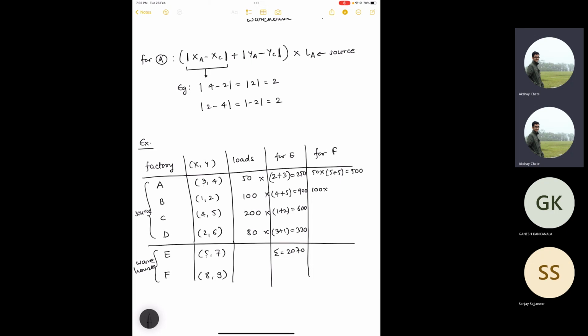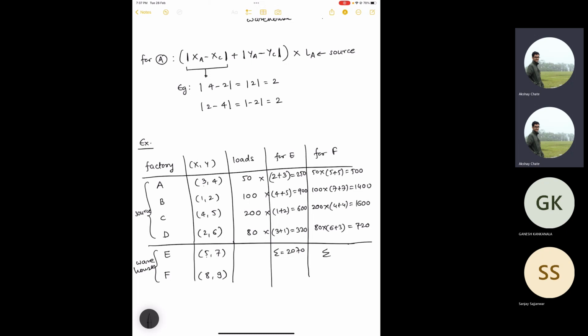Between B and F, it will be 7 plus 7, 1400. Then C and F will be 200 into 4 plus 4, 1600. Then 80 into 6 plus 3, that will be 9, 720.